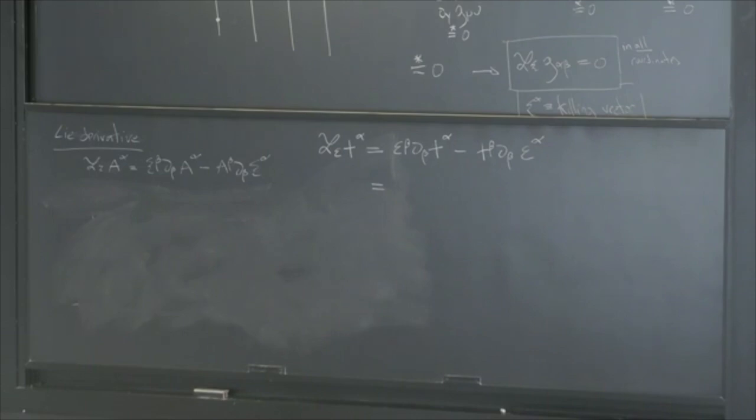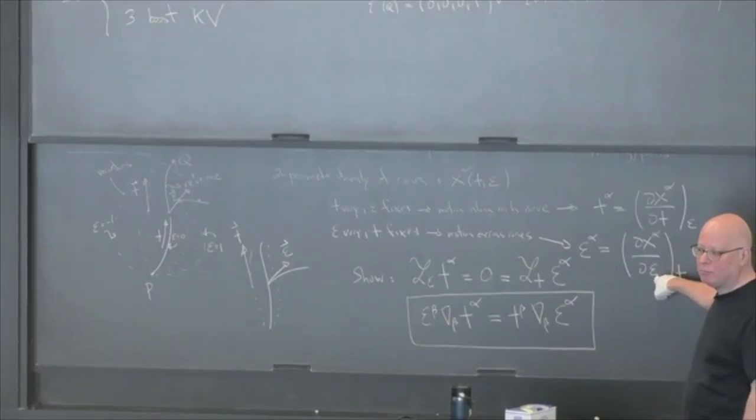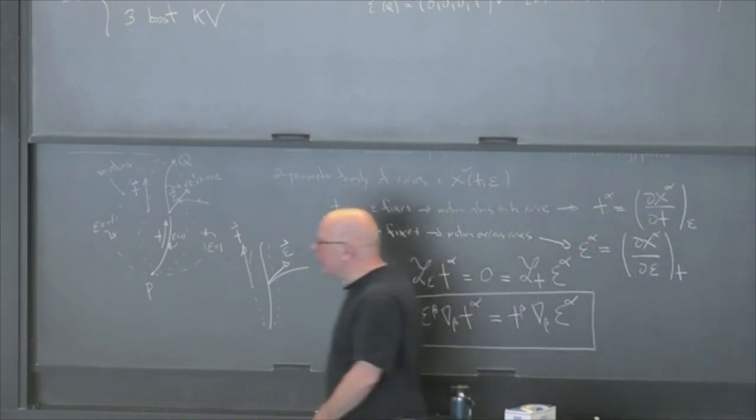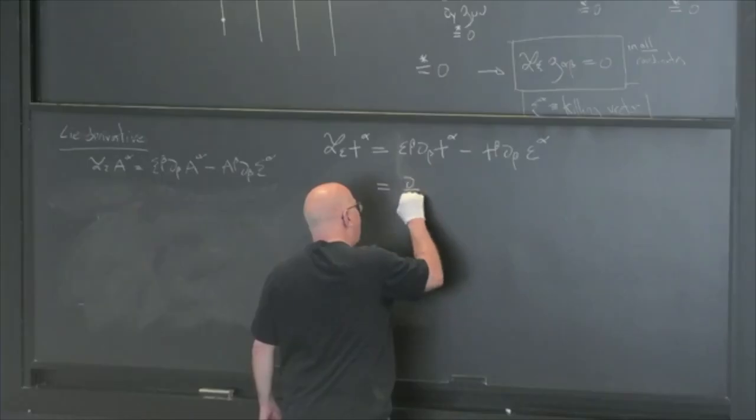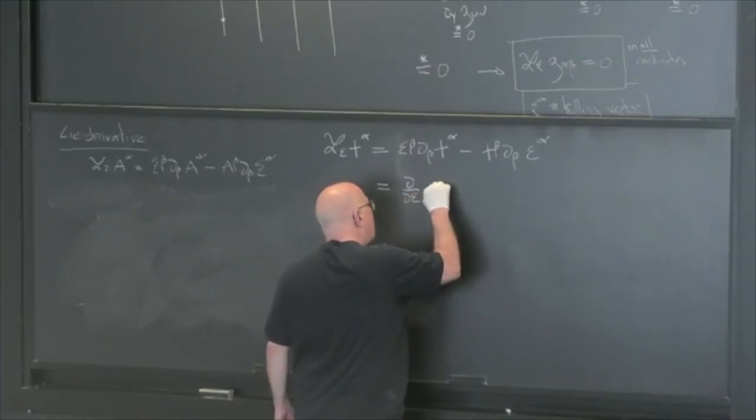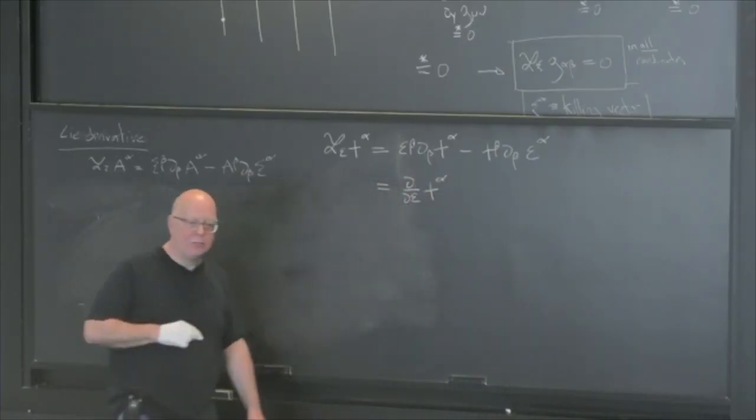And that turns those partial derivatives into a derivative with respect to epsilon. So that first term here, literally, is a partial derivative of my t vector with respect to the parameter epsilon.